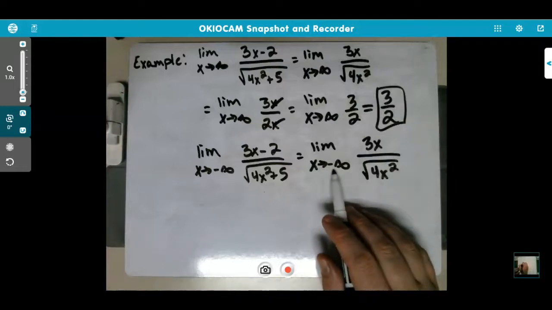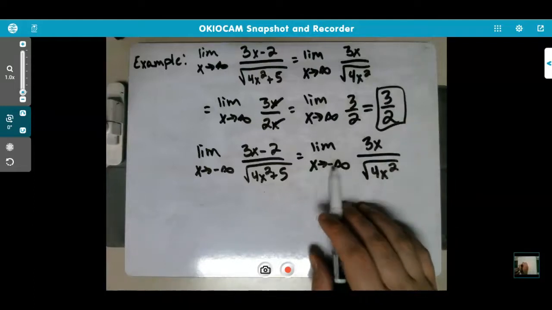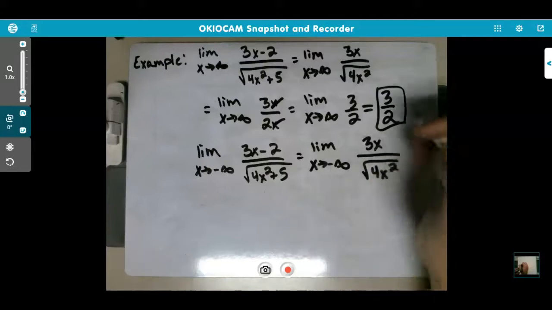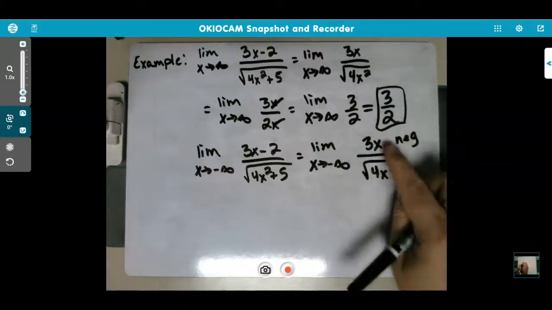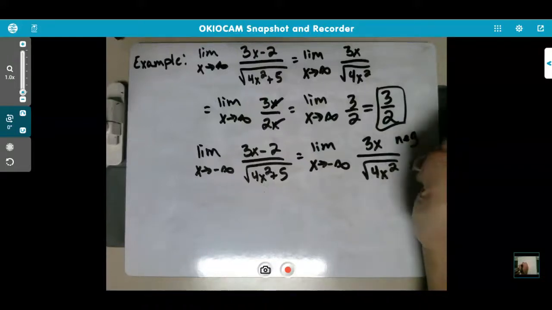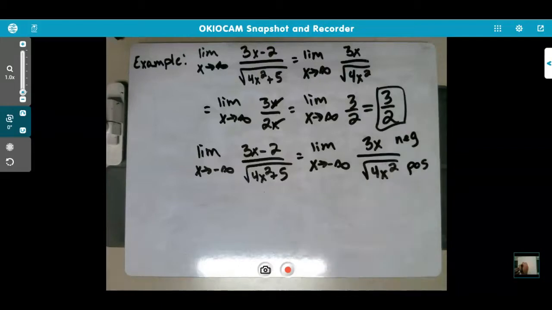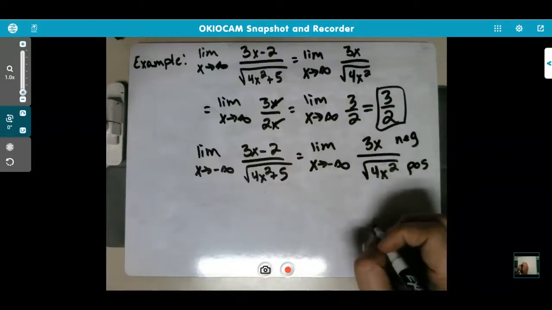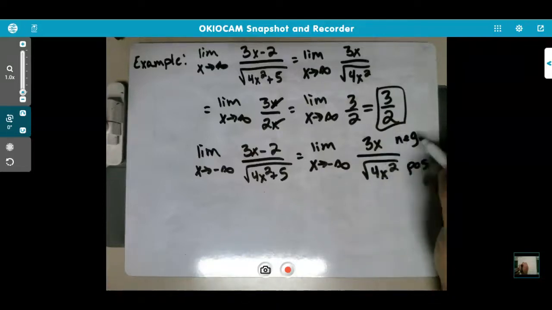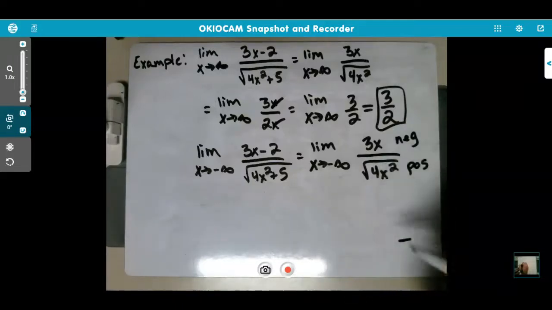This one is not. So if I plug in a negative right now, the numerator would be negative, right? But the denominator, since it's being squared, would be positive. So what I need to make sure will happen here is that what I end up with is going to be a negative. Because when I divide a negative by a positive, I get a negative. So I need to make sure that happens, okay?